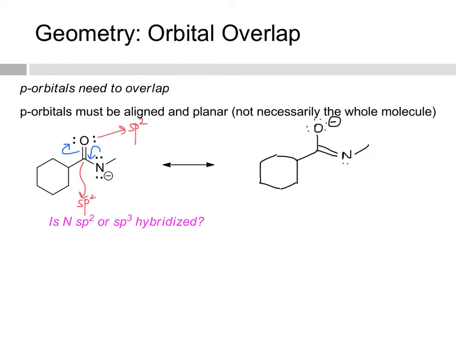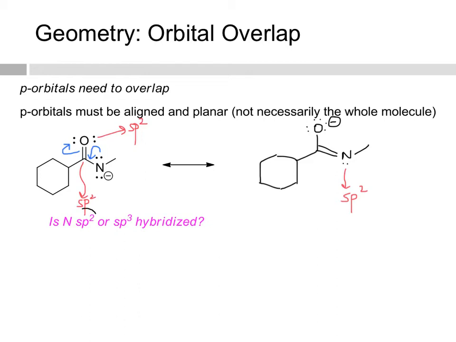And from this resonance form, we can see that nitrogen is also sp2 hybridized. If the nitrogen is sp2 hybridized, then we have a p orbital on all these 3 atoms. We've got a p orbital on the oxygen, carbon, and nitrogen. They're adjacent, they're aligned and planar and overlapping. And so this is a conjugated system.